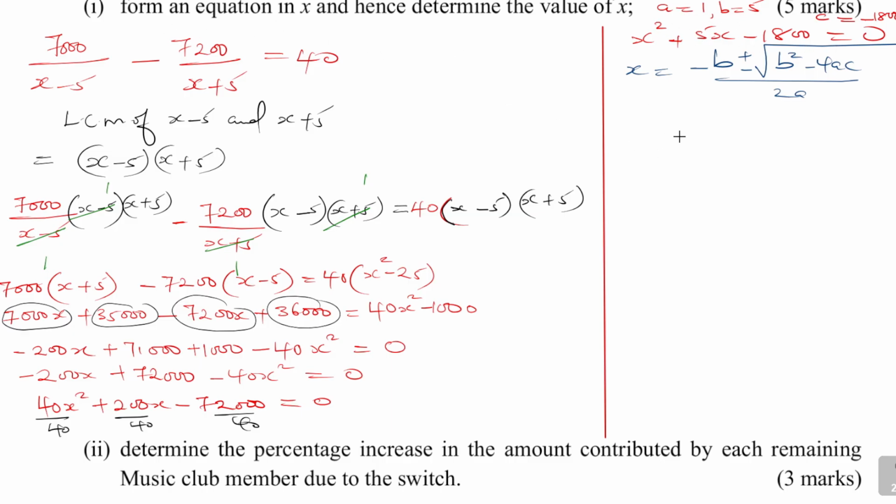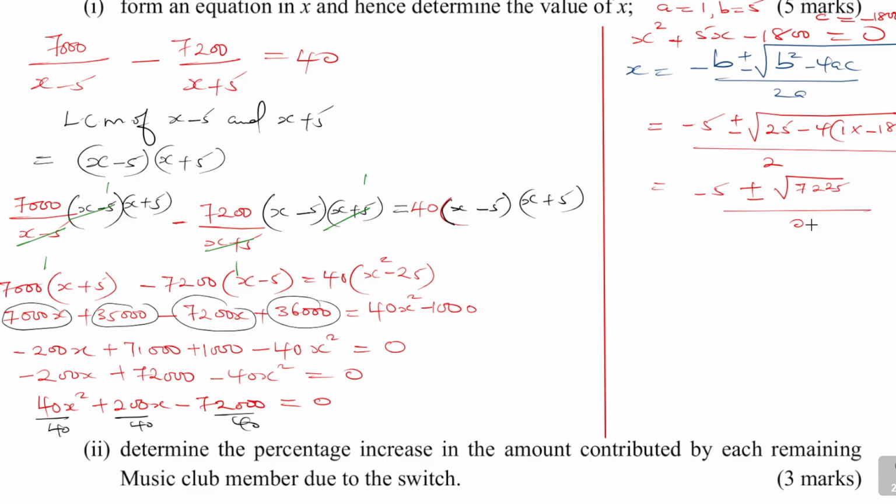So substitute these, you will have negative 5 plus or minus the square root of B squared, which is 5 squared, 25, minus 4 multiplied by A multiplied by C, everything divided by 2 times 1, 2 times A. When you work out whatever is in the square root, you will get 7225, then you divide by 2.